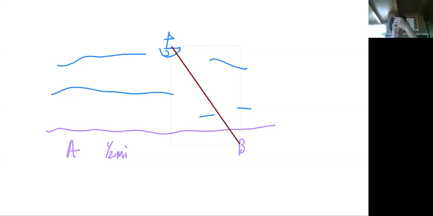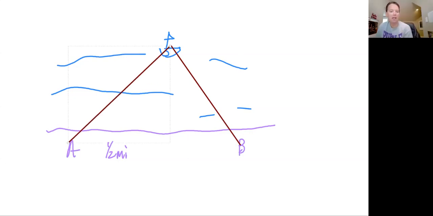So what we have is we have this kind of problem right here. See that? And there's a couple angles. So angle A, person A, measures 63 degrees. And angle B measures 56 degrees.